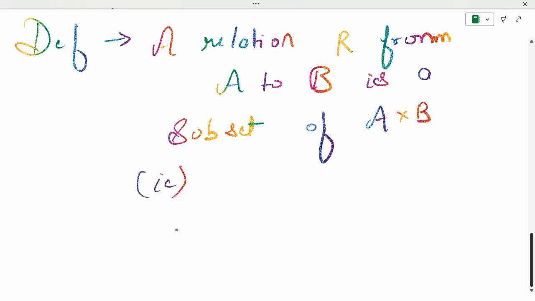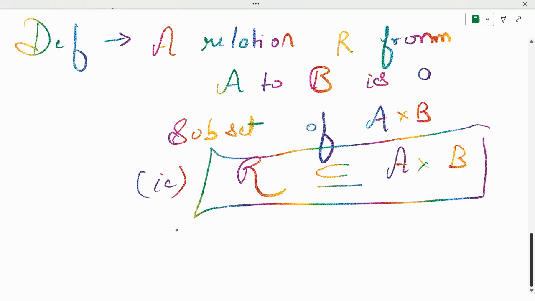Or that is, we can say that the relation R is a subset of A cross B. So we have seen all those relations, and those relations are subsets of A cross B, right?